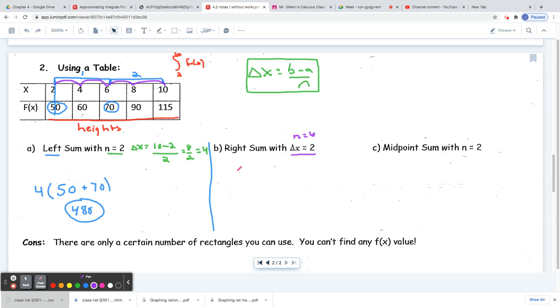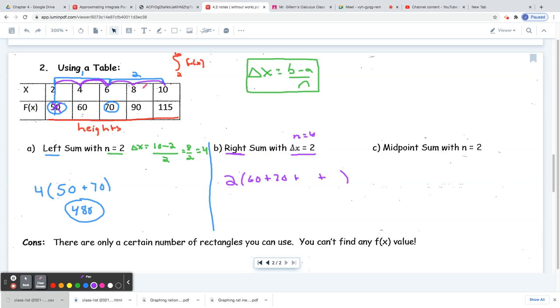Right? So to figure out the area, you put delta x on the outside, which is 2. Then there's going to be 4 heights that I need. It's the right side. So starting here, I'm going to use all these numbers except which one? I'm not going to use 50 because the first rectangle, the right side is 60. The second rectangle that goes 4 to 6, the right side is 70.